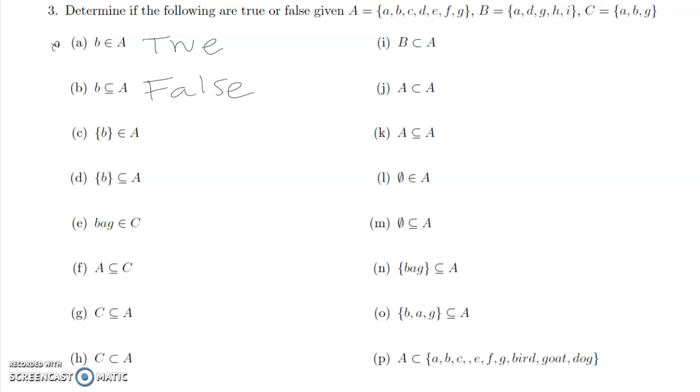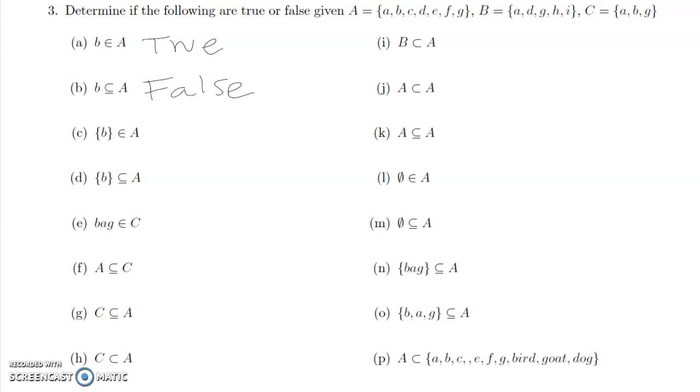Now, these next two are asking somewhat similar questions, but notice, rather than just looking at B, we're now looking at the set containing B, right? Those curly braces indicate the fact that this is a set and anything listed inside is an element. So is the set containing B an element of A?